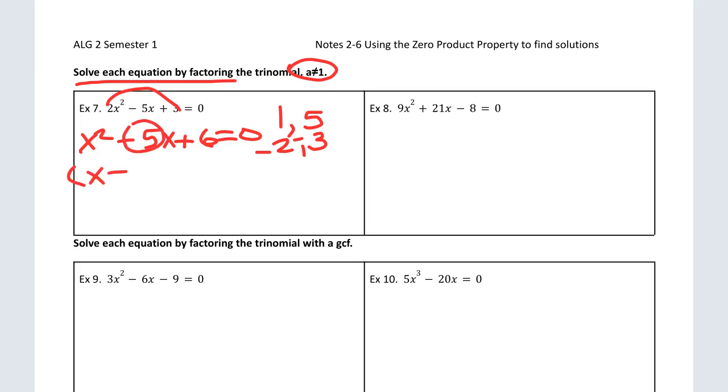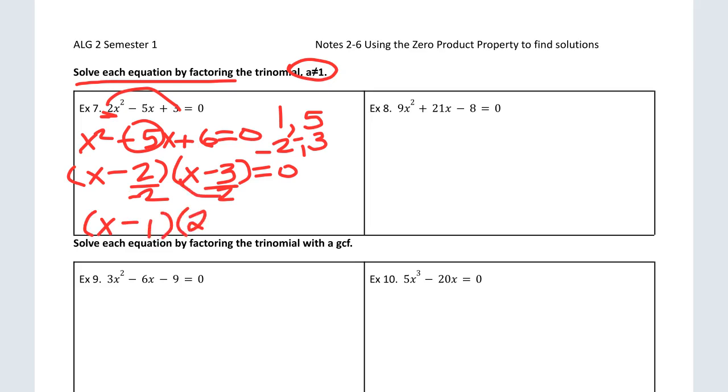Since we need -5, it's -2 and -3. We don't want to solve for x yet because a was originally 2. Bring it back as a denominator for the bottom. Bring it up after simplifying. In this case it would be x minus 1. 3/2 does not simplify, so we bring the 2 up.